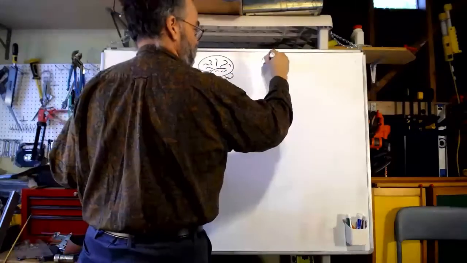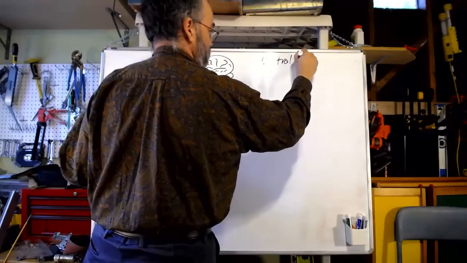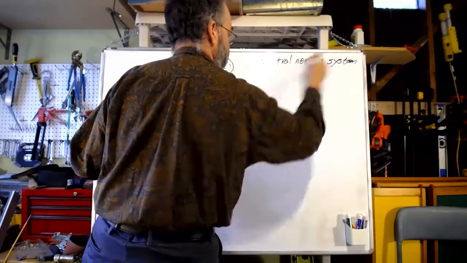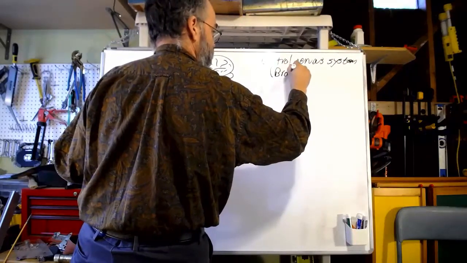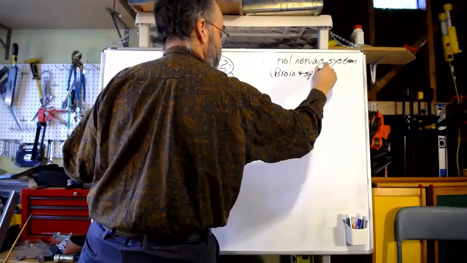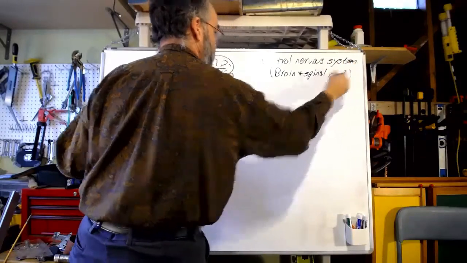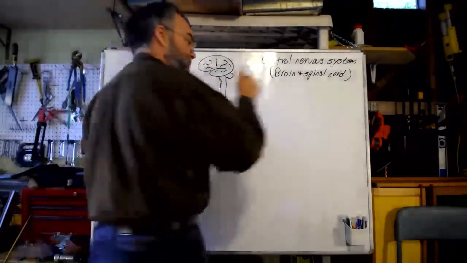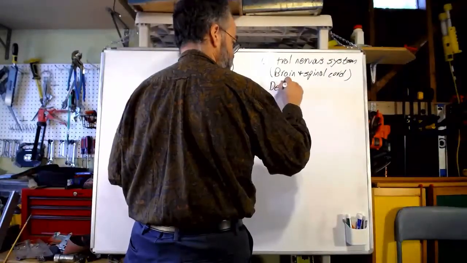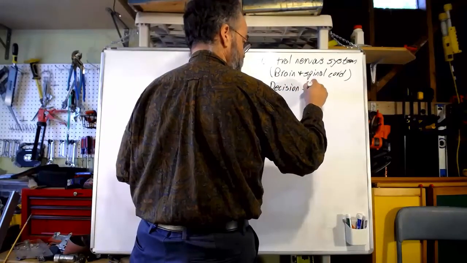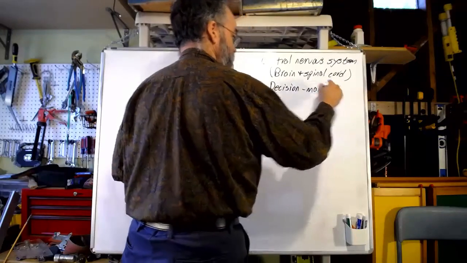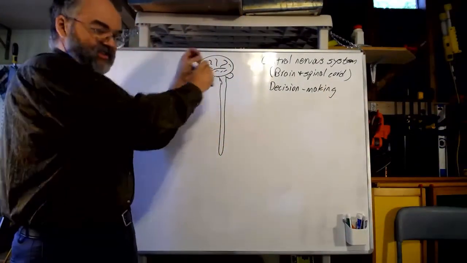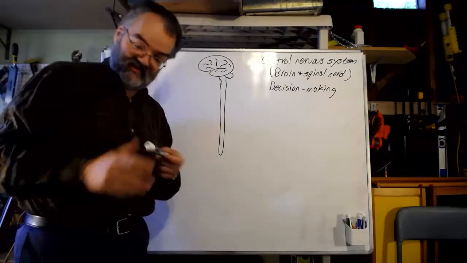This is the central nervous system. This is where decisions are made. Most of them. So this is where the stuff comes in and where the decisions are made.